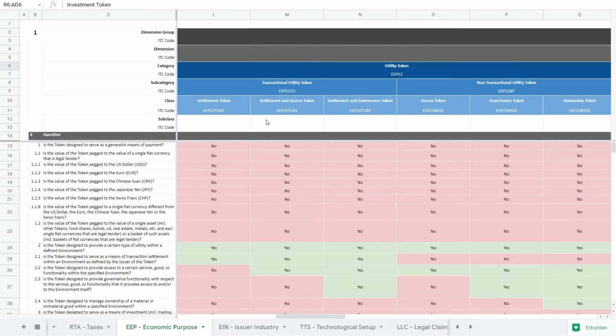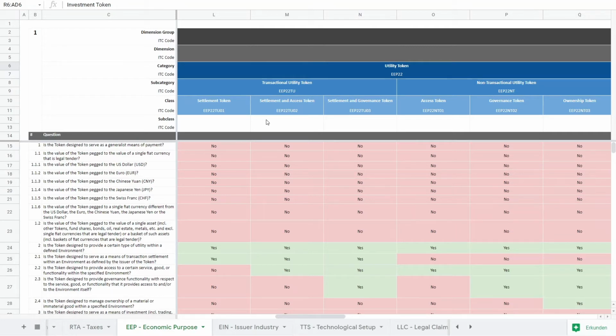If you hold BNB, you can not only pay your transaction fees on the Binance chain, but you can also use the BNB to basically get a discount on your transaction fees, and therefore by just holding the token you have access to certain benefits or perks that wouldn't be available without the token. So in the case of BNB, the Binance coin, we will talk about a settlement and access token, because the token not only can be used for the settlement of transactions, but also gives you access to certain perks.